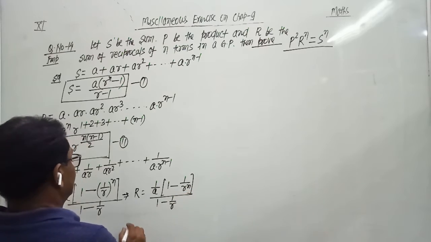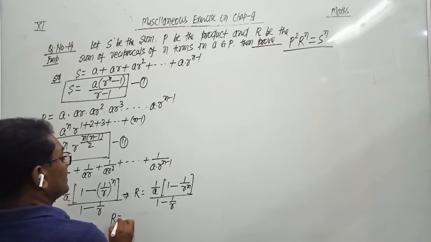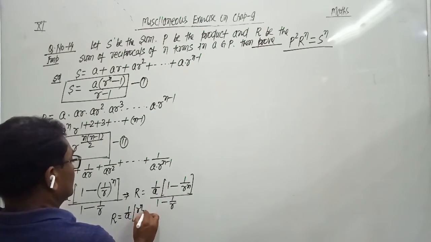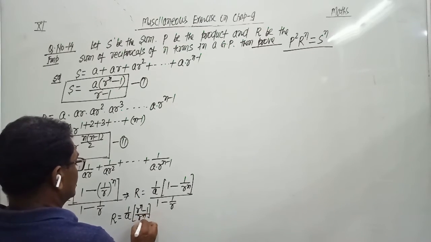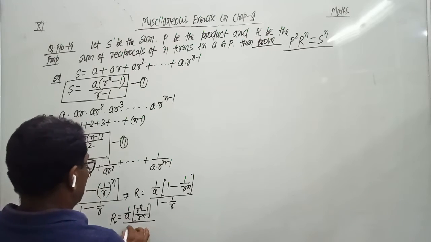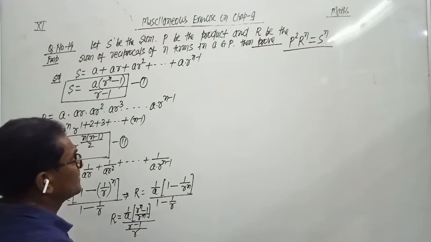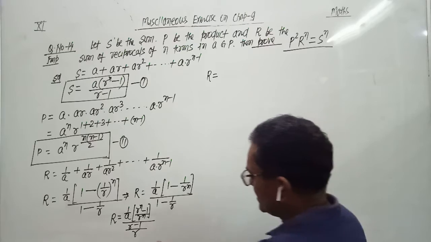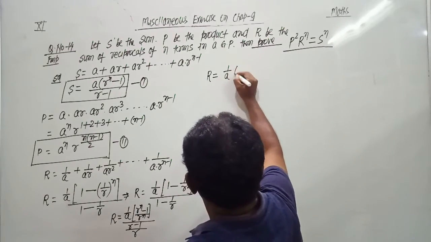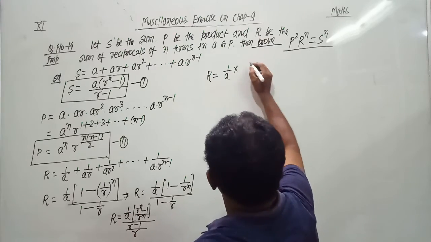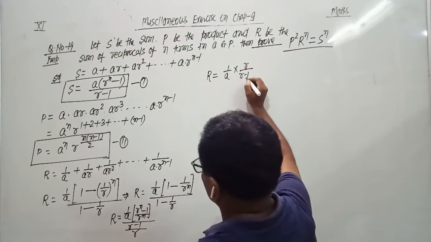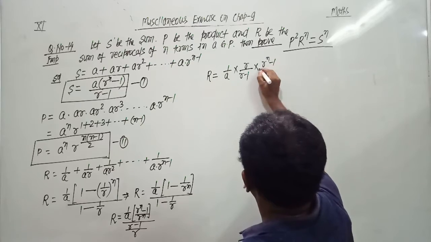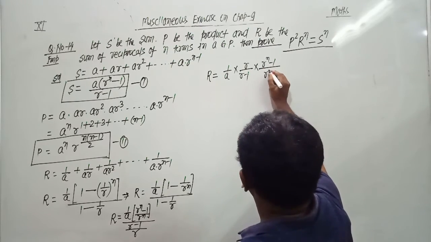And when we solve by taking the LCM, we get 1 by A and R raised to the power n minus 1 upon R raised to the power n upon R minus 1 upon R. So finally R equals to 1 upon A into, this will become reciprocal, R upon R minus 1 into R raised to the power n minus 1 upon R raised to the power n.